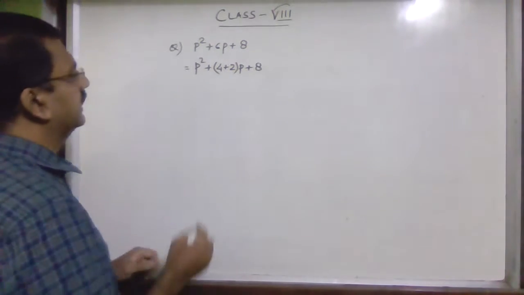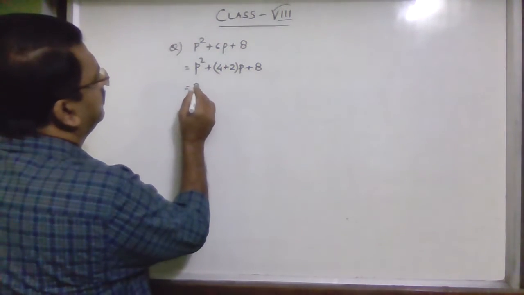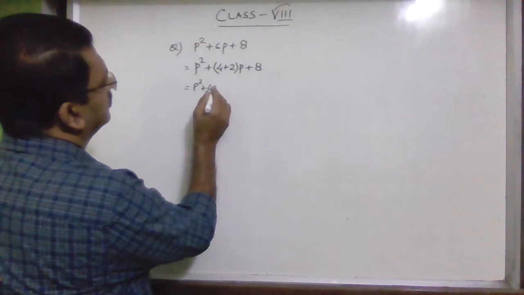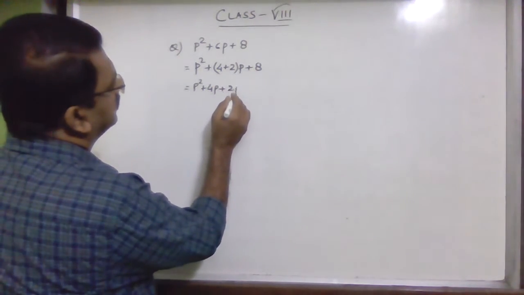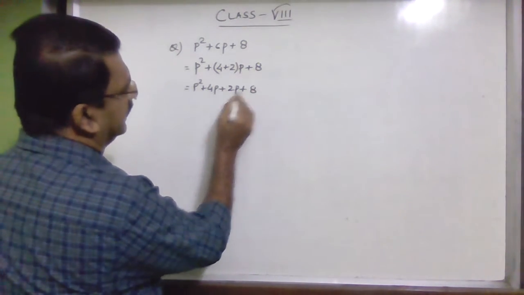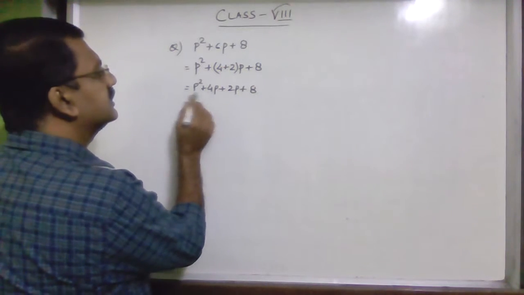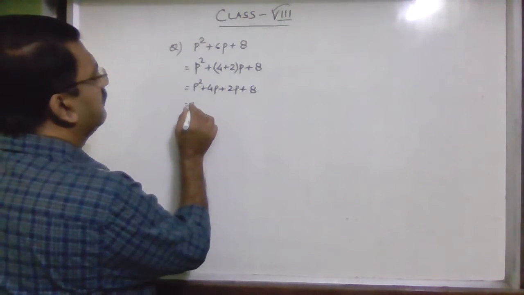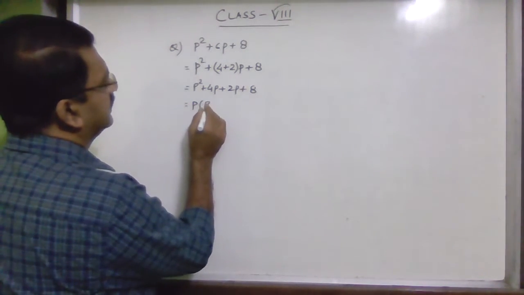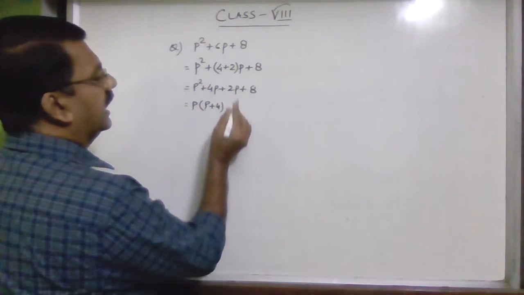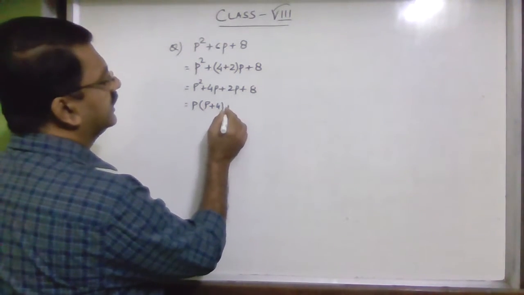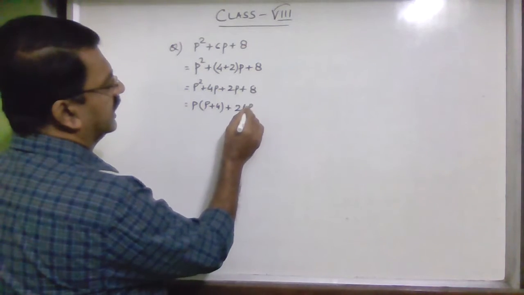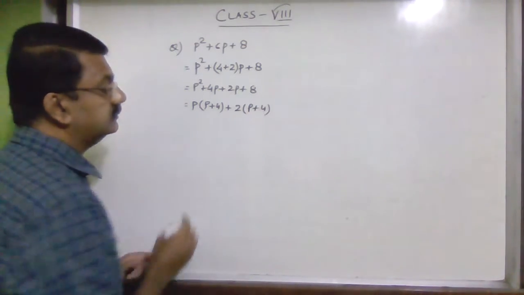Now you open the bracket, then it will be p square plus 4p plus 2p plus 8. From the first two terms you take p common, then it is p plus 4, and from the next two terms you take 2 common, then again it is p plus 4.